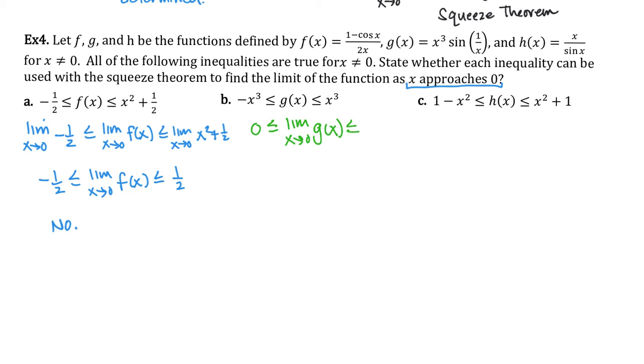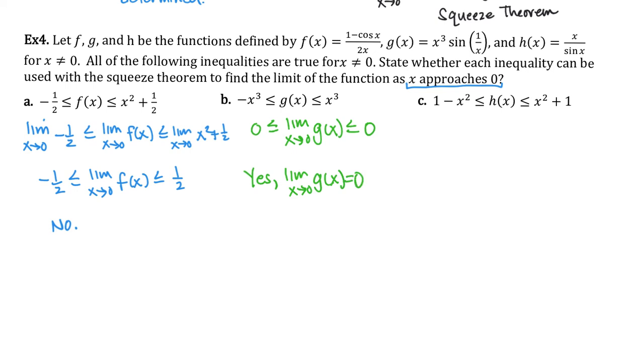If I substitute in 0, I get 0. So because the limit as x approaches 0 of g of x is less than or equal to 0 and greater or equal to 0, then it must be true the limit as x approaches 0 of g of x does equal 0 by the squeeze theorem. So can I use the squeeze theorem? Yes, I can use the squeeze theorem to determine that the limit as x approaches 0 of g of x is equal to 0. Okay, one more.